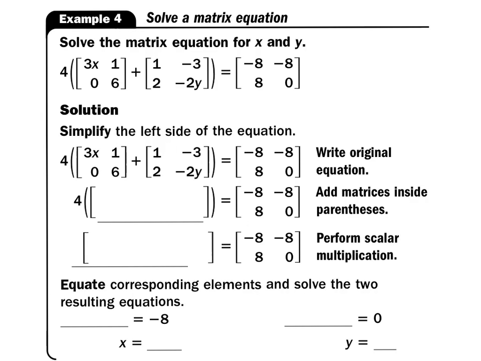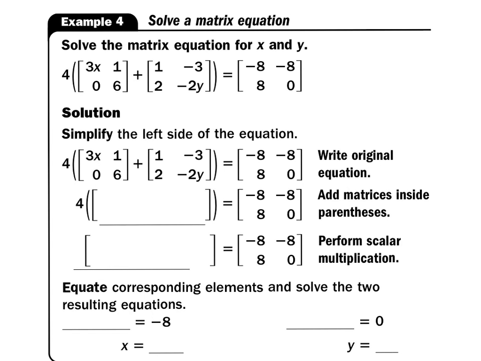Alright, solve the matrix equation. This is just like a lot of linear equations all at once, so don't let the boxes and lots of numbers mess you up. It's still pretty easy. To do this, I'm going to take 3x and add the 2 corresponding blocks together. So 3x plus 1, and then 1 minus 3, that's negative 2. 0 plus 2 is 2.